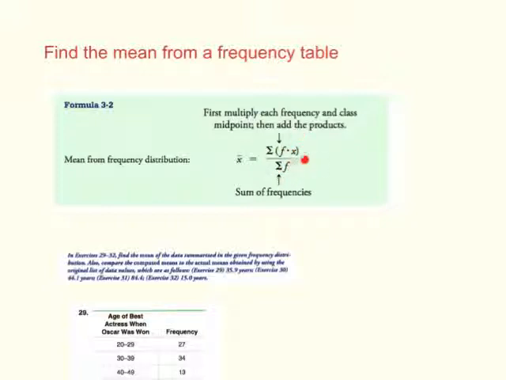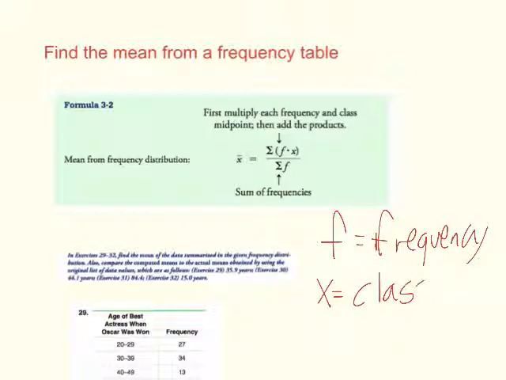So you'll have to find the class midpoint of each class, and then you'll have to multiply that class midpoint times the frequency. So that's what we're going to do down here in just a second, okay? Pretty easy formula to do. You just have to kind of remember what the f and the x represent. So f is the frequency, and x is the class midpoint.